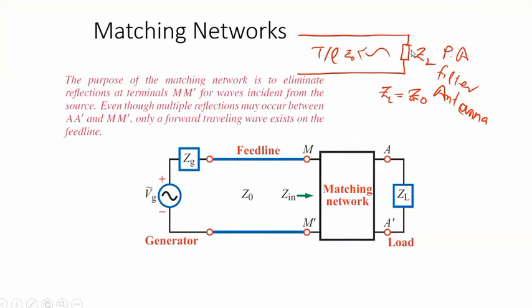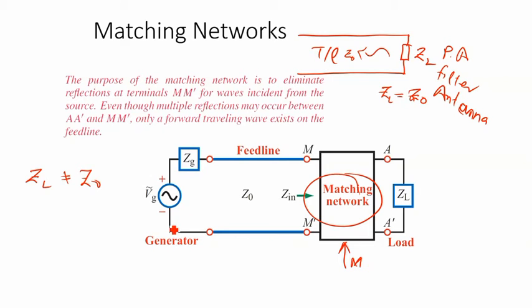Now there are cases when the load is not perfectly matched. That is the case that ZL is not equal to Z0. So what we want to do is minimize the reflection. So what we do is insert a matching network, as it is shown over here.